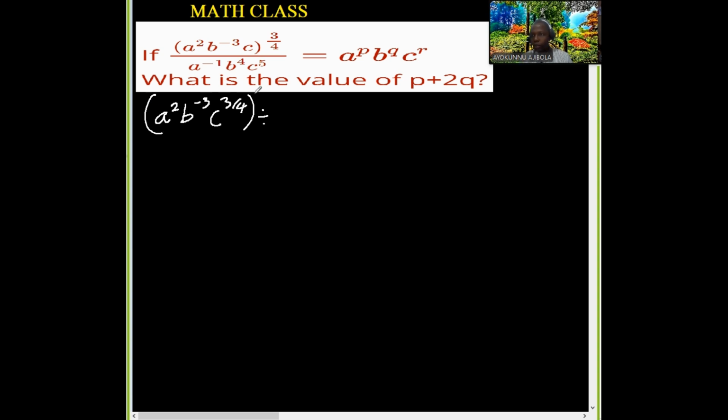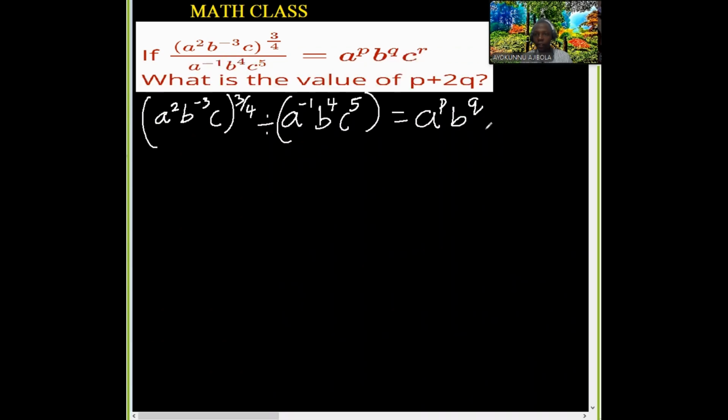The 3 over 4 is outside the bracket. So I want to divide by what is at the bottom: a to minus 1, then b to 4, and c to 5. So I put the bracket back, then still equal to a raised to power p, b to q, then c raised to power r.